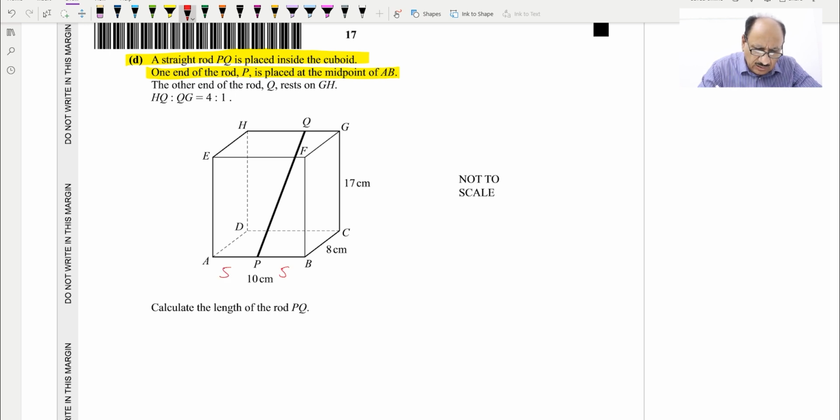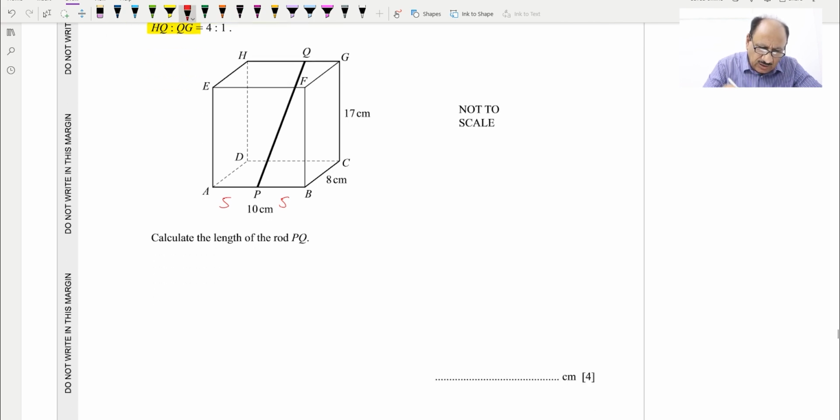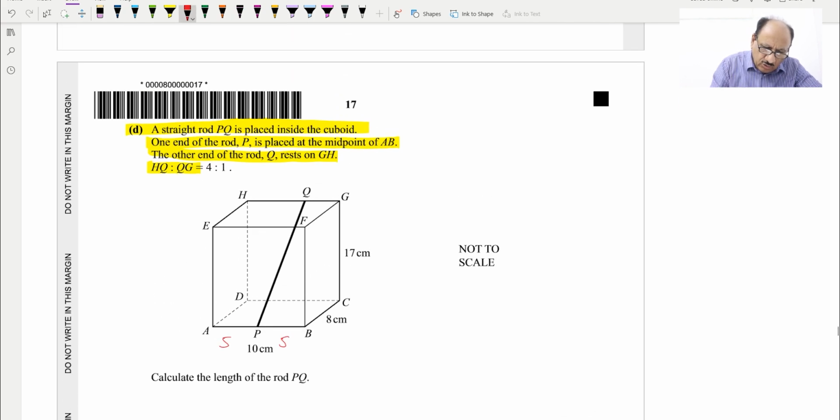Then they are saying the other end of the rod, Q, rests on HG, with ratio HQ to QG equal to 4:1. So 4:1 means the total length is 10, so HQ will be 8 and QG will be 2.